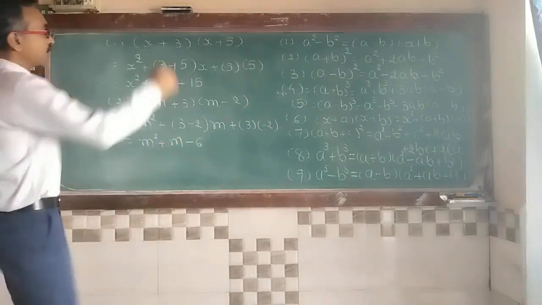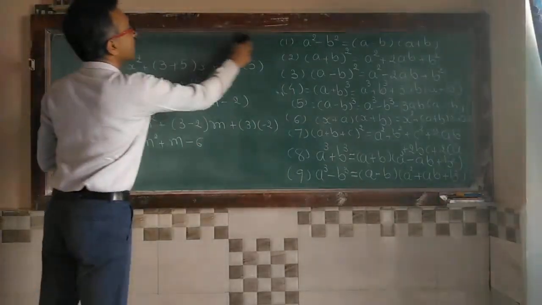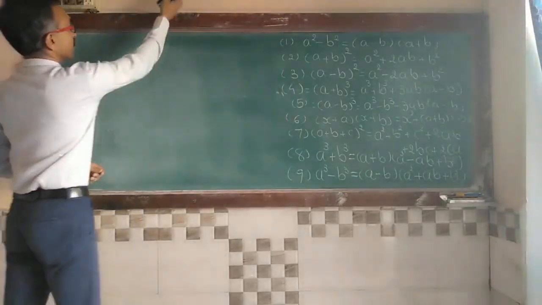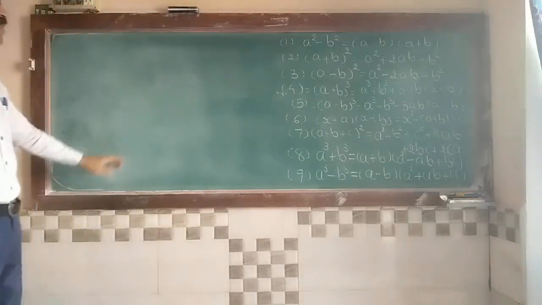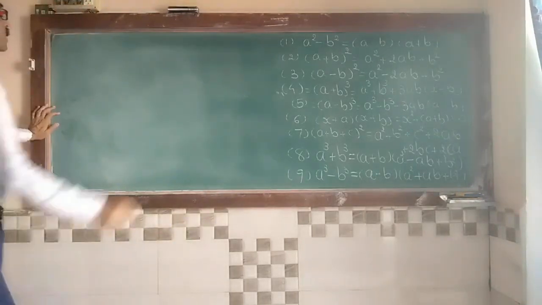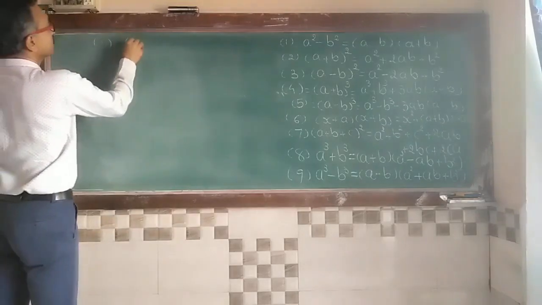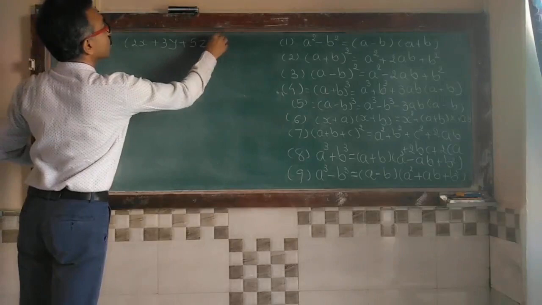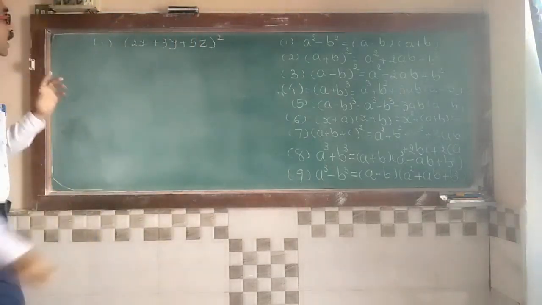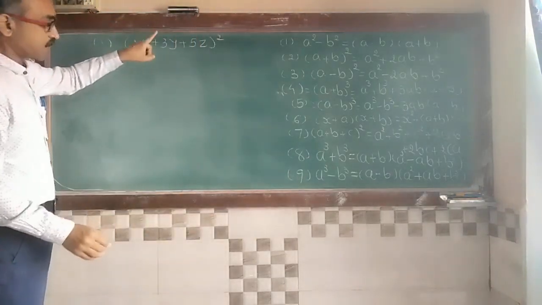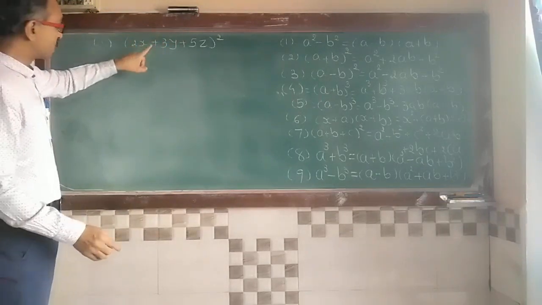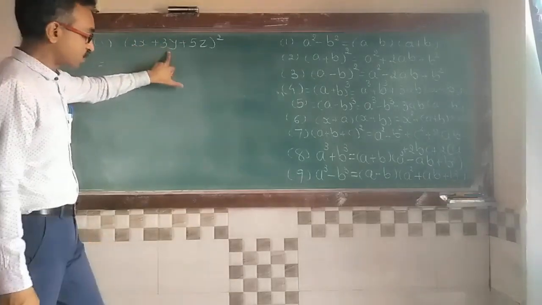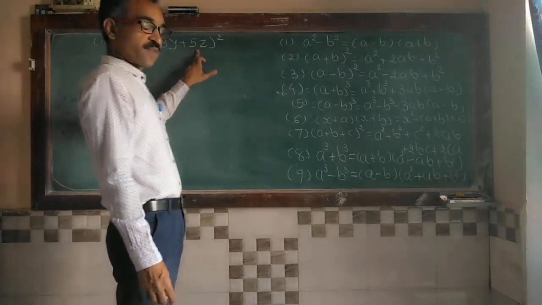Okay. Now let's move towards our seventh formula, that is a plus b plus c whole raised to square. So suppose you are given 2x plus 3y plus 5z whole raised to square. So the answer is a square plus b square plus c square plus 2ab plus 2bc plus 2ca. Here a is equal to 2x, b is equal to 3y and c is equal to 5z.